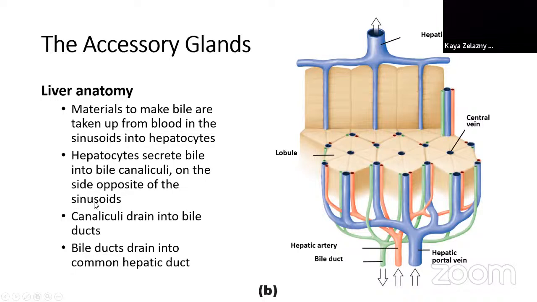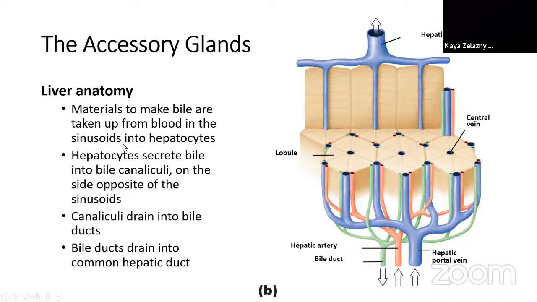The sinusoids are where we have the blood pooling. We take the things we need to make the bile out of the sinusoids, we make the bile in the hepatocyte and then put it into the bile canaliculi, which are then going to drain into the bile ducts, and then ultimately into the common hepatic duct.